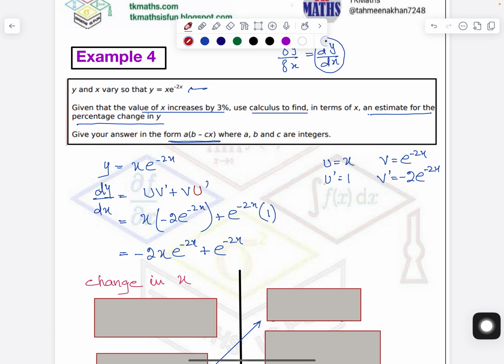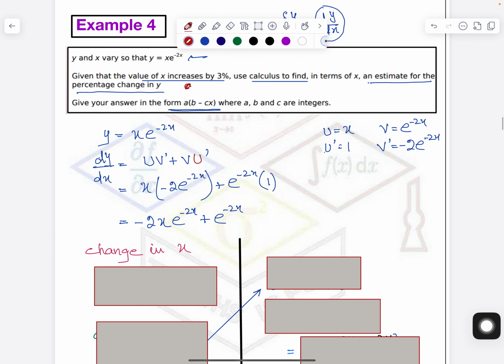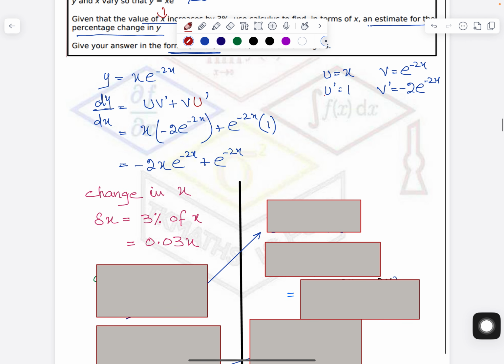After that, because the formula is delta y over delta x is equal to dy over dx, I need to find the value which is given to me that is related to x, you can see here. So the change in x, meaning delta x, is 3% of x. The actual value of x is not given to me, so I'm taking it as x, and the change will be 3% of that value. So I will write 0.03x.